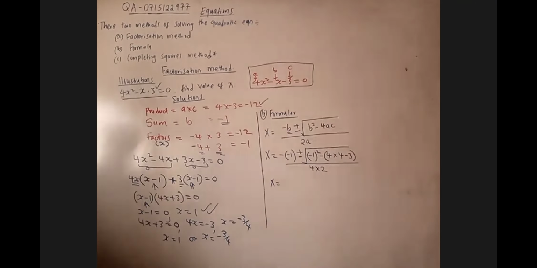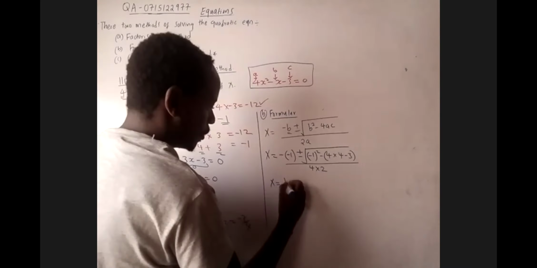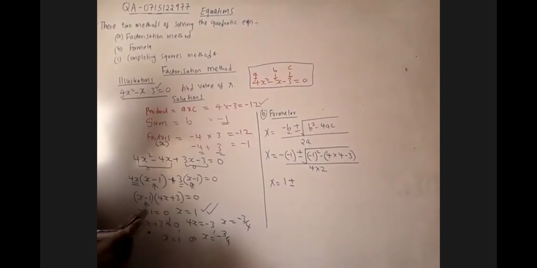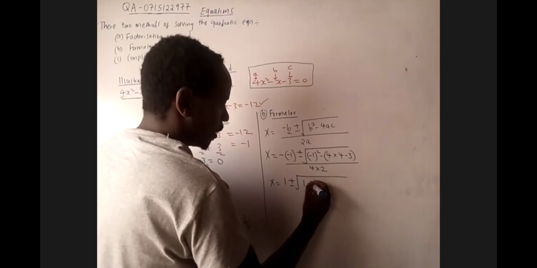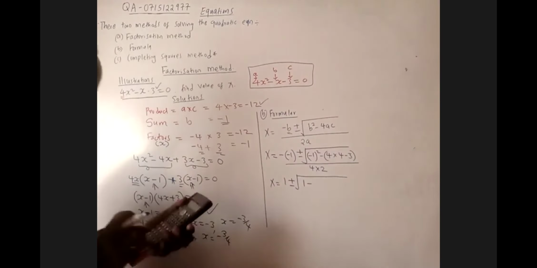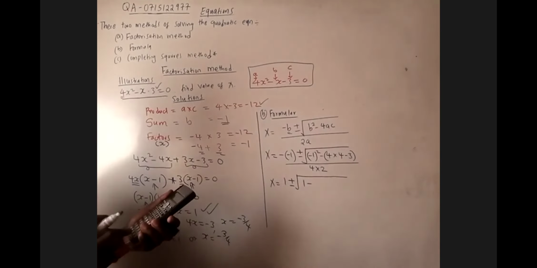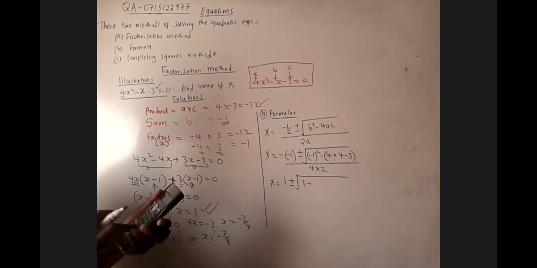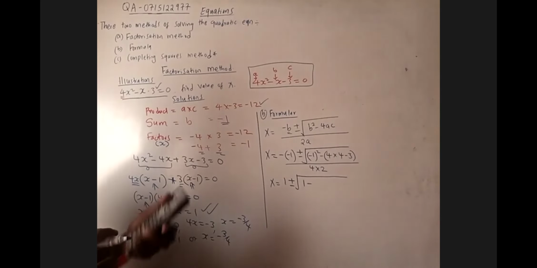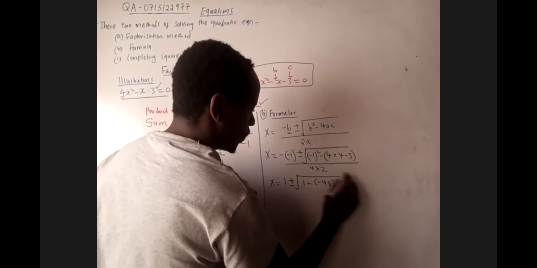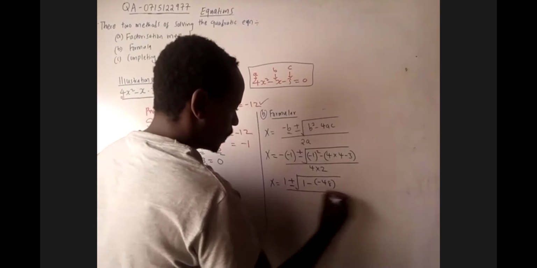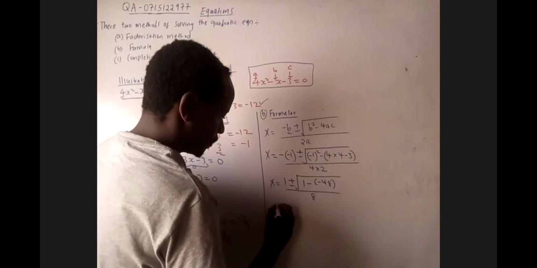So minus hapo itakuwa ni positive 1 plus or minus the square root of 1 minus 4 times 4 times minus 3, which is equal to minus 48, over 8.